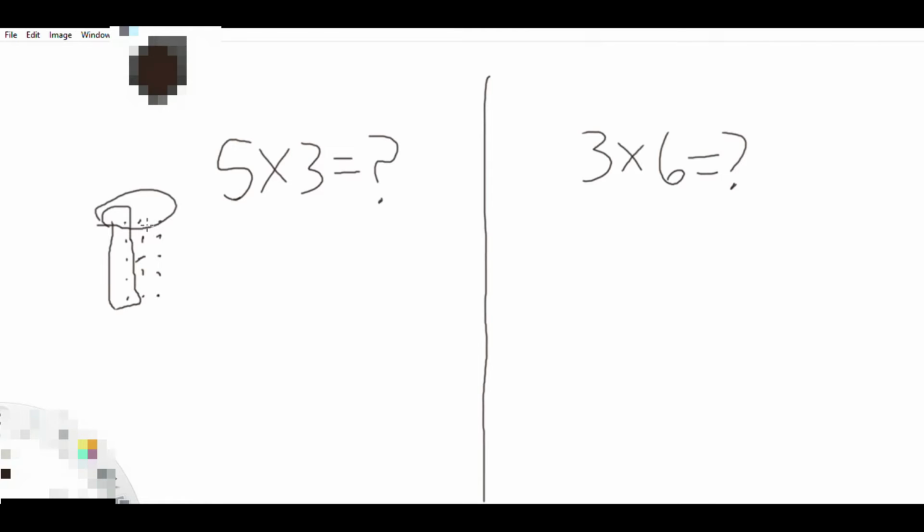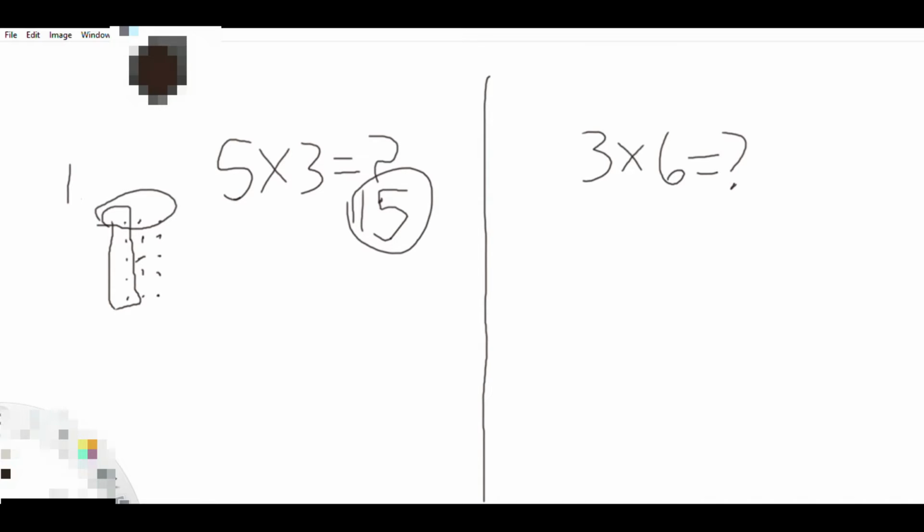There are 3 rows of 5 or 5 rows of 3. That's how multiplication works, and the answer is 15. But let's do another way. So this is number 1.